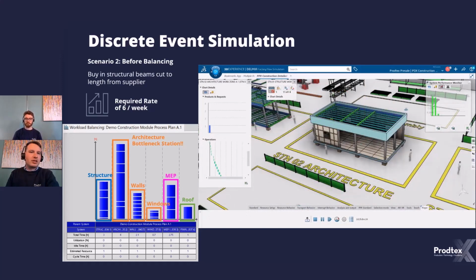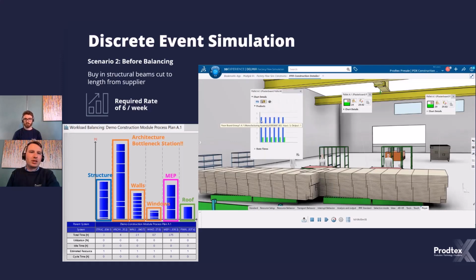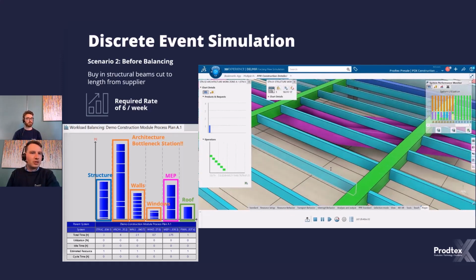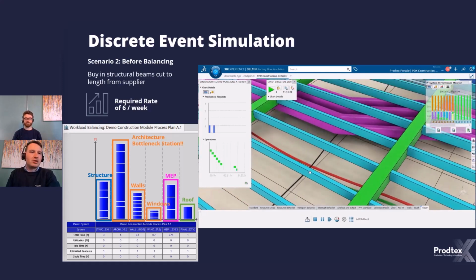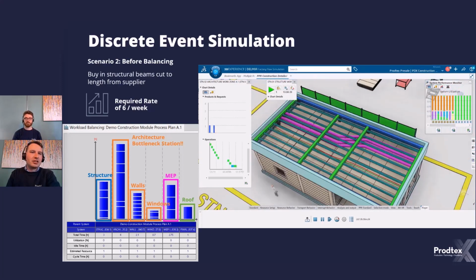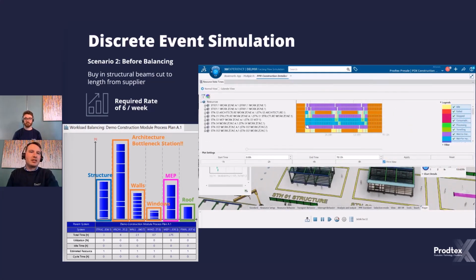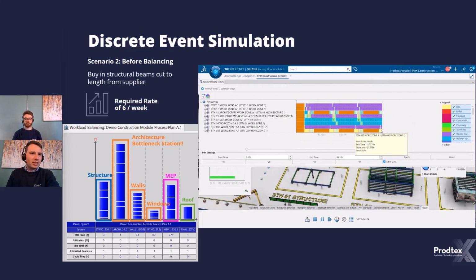Although, since we can see here that there's still a really big bottleneck on our architecture station, it's causing problems with excess inventory, and so if we move across to our goods in area, we can see how fast our products are being consumed. Another issue observed is that the MEP currently can't actually be fitted easily once the suspended ceiling has gone in, so we need to review the process on that.